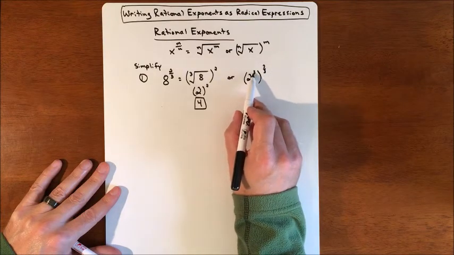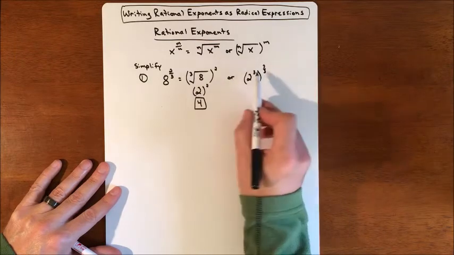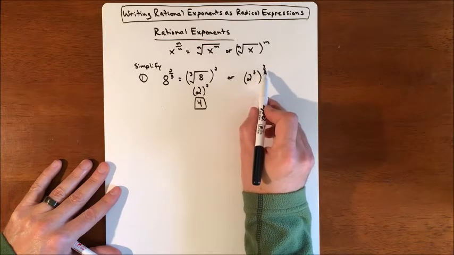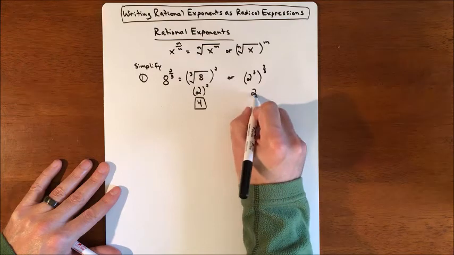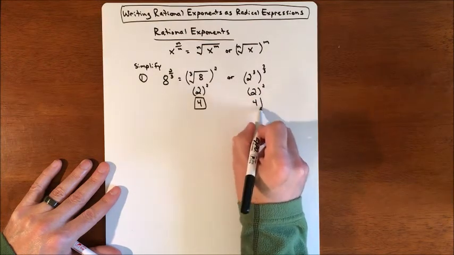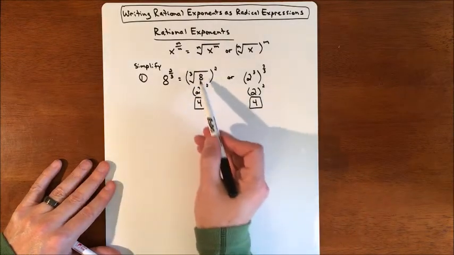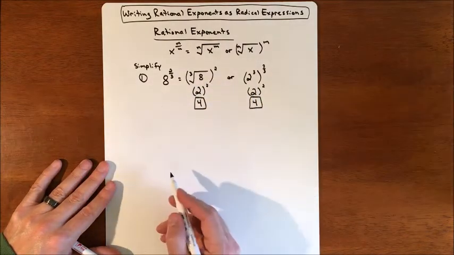You can put this over 1, multiply the numerators, multiply the denominators, or you can take 3 divided by 3 times 2, and you still get 2 to the 2nd power, which is 4. All right, so two different approaches. This is probably more common of what you'll see, but this approach also works.